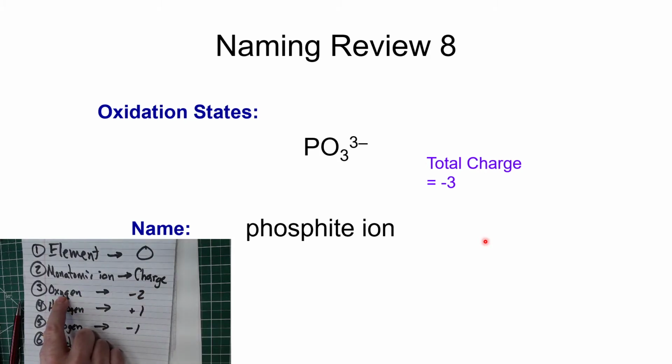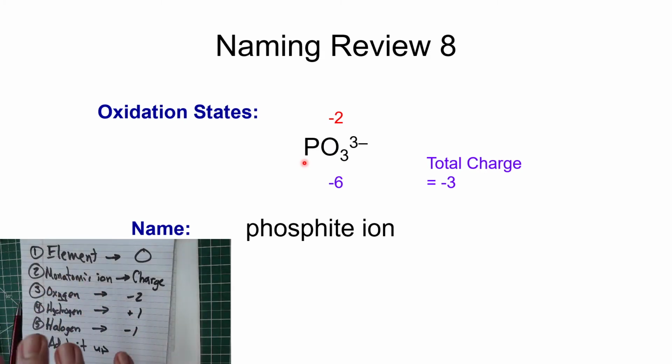Is oxygen present? Yes, oxygen is present. Oxygen usually has an oxidation state of -2. So we'll do -2 times 3 is -6. Now, since we just have the one element left, we don't need to look at our list anymore other than to add it up. We just need to figure out what the math problem is here.